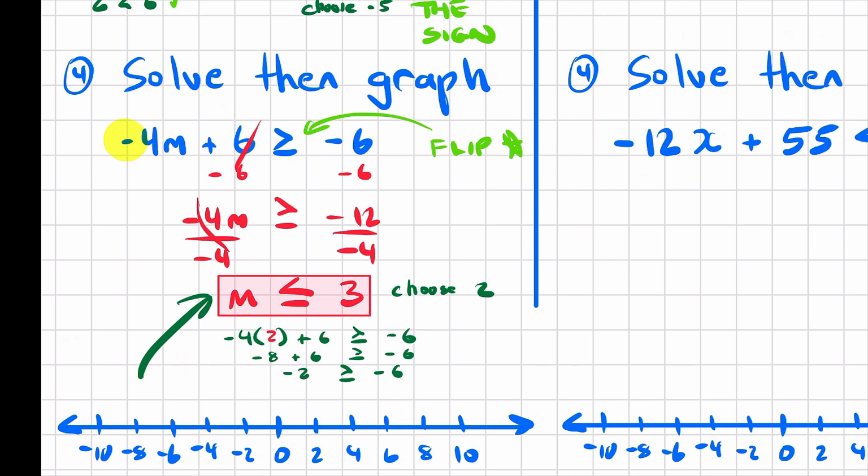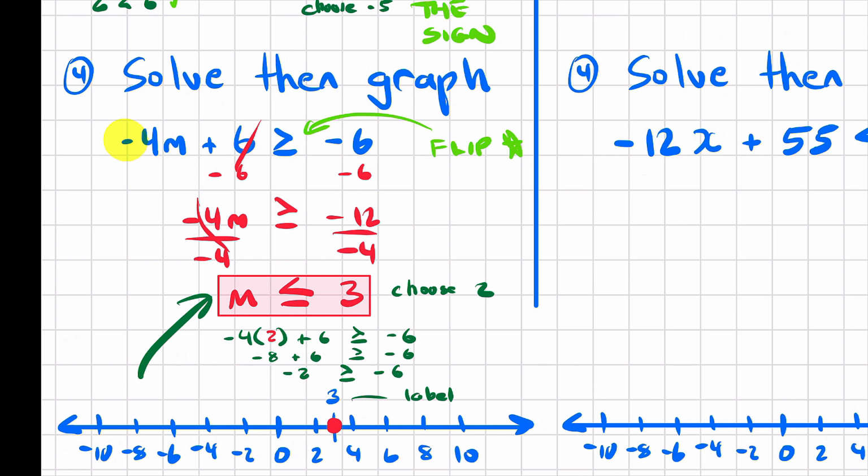Now there is no 3 on here. So I need to almost draw in, well, not almost, I need to draw in that 3. Okay, and then I'm going to put a filled in circle on the 3. And it's important that I label this. I need to label this point, because I can't just put a dot between 2 and 4, because that could be 2.9 or any other value in between.